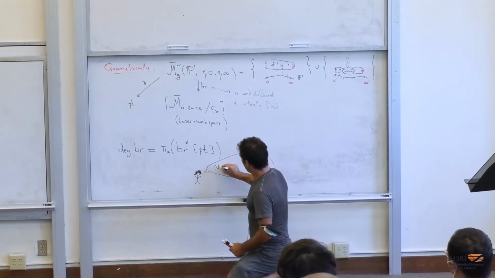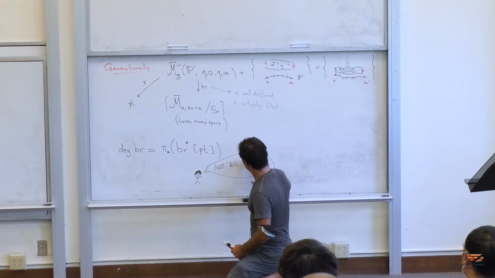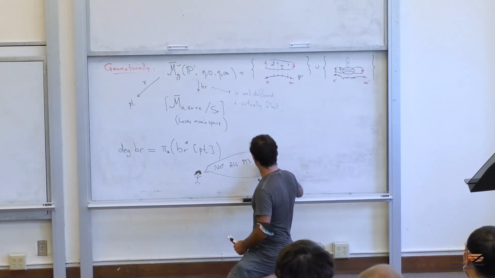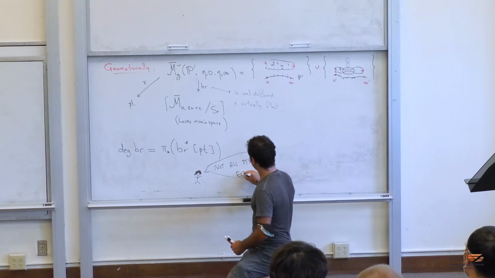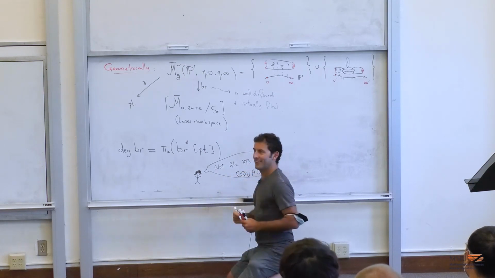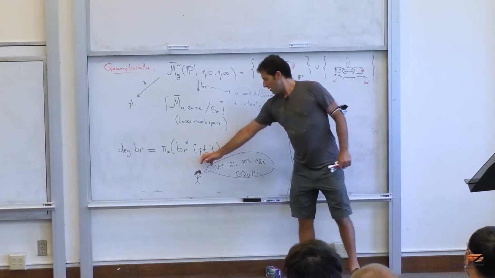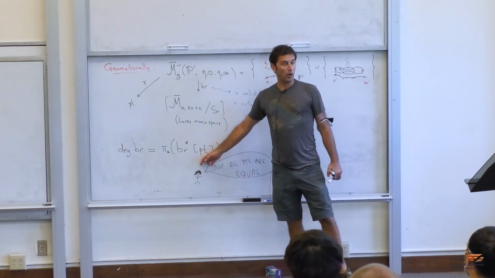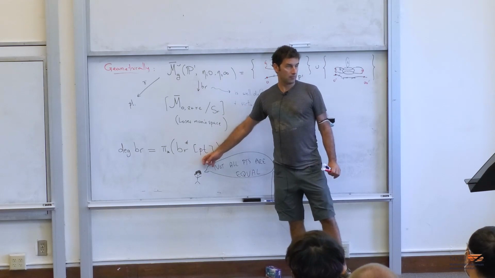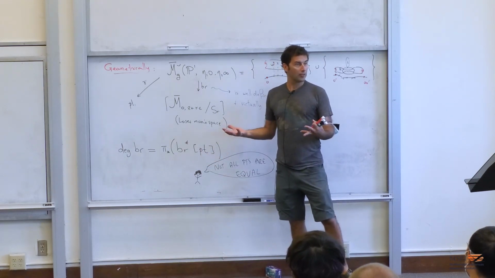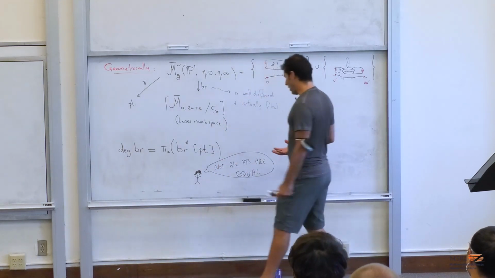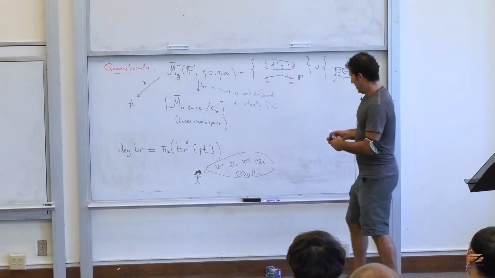Dhruv would tell you not all points are equal. Okay, so don't choose a random point to do this computation. Choose a special point, right? And what is a special point?